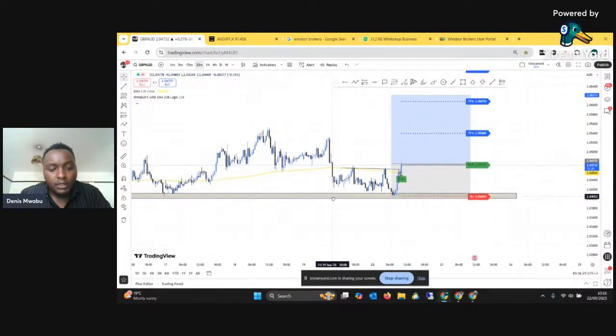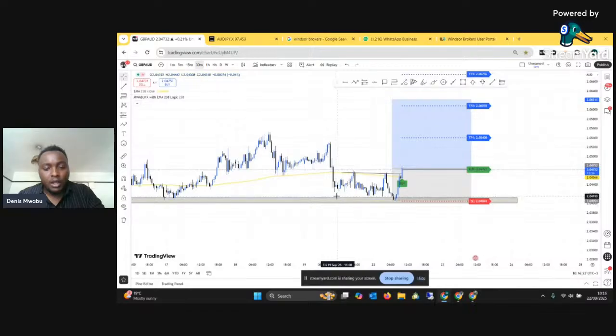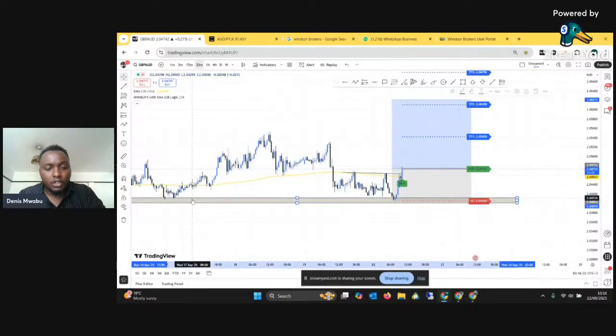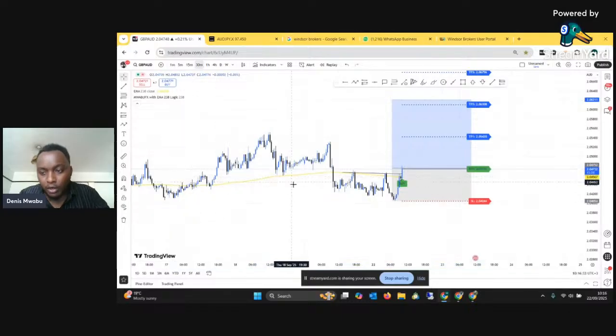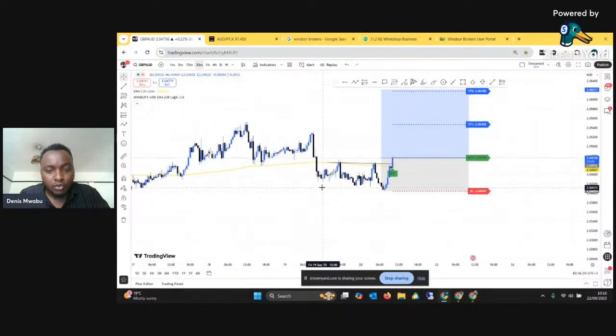If I look at this very clearly here, I can also see the concept of liquidity swipe. We need to start preparing ourselves to get into this trade before it leaves us. So you can see here we had liquidity being swiped.